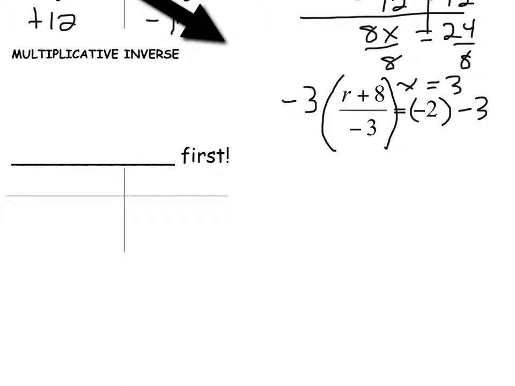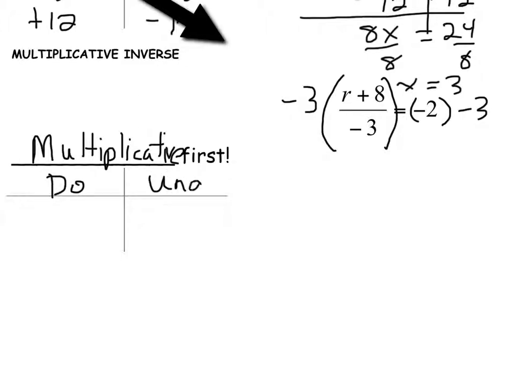So I'm going to use the multiplicative inverse first, that reciprocal. So I'm going to use my do-undo after I have canceled my negative 3's to give me r plus 8, and negative 3 times negative 2 is positive 6.